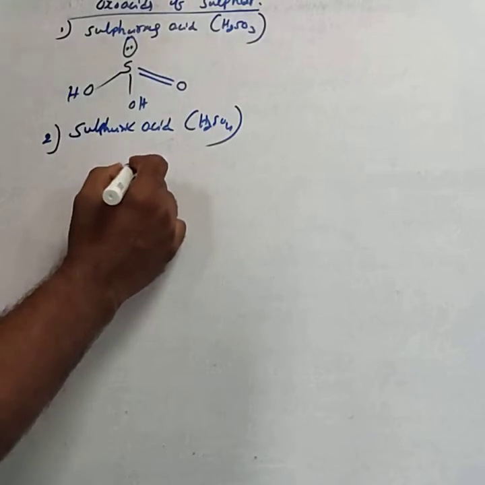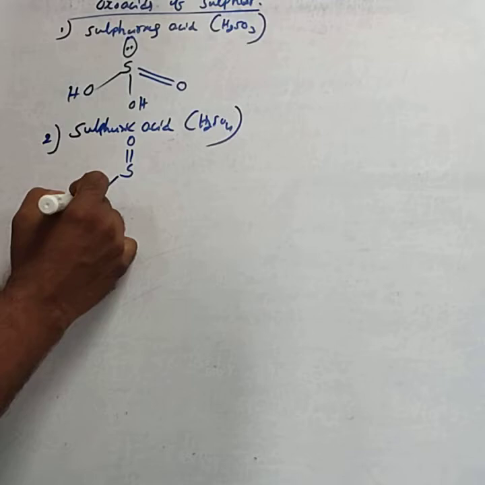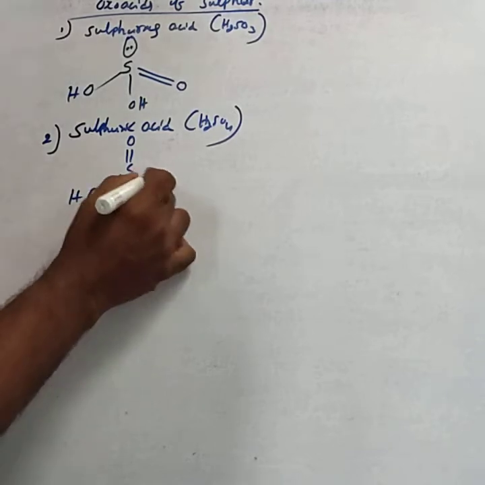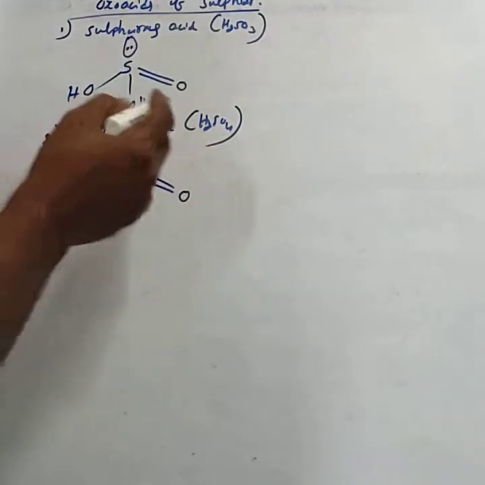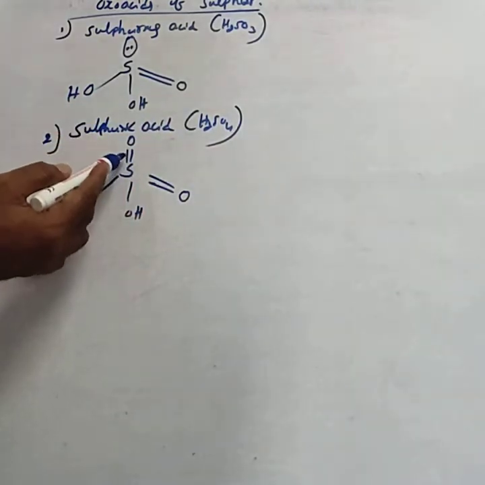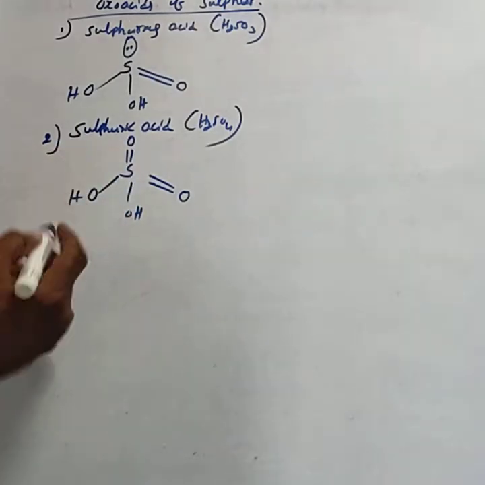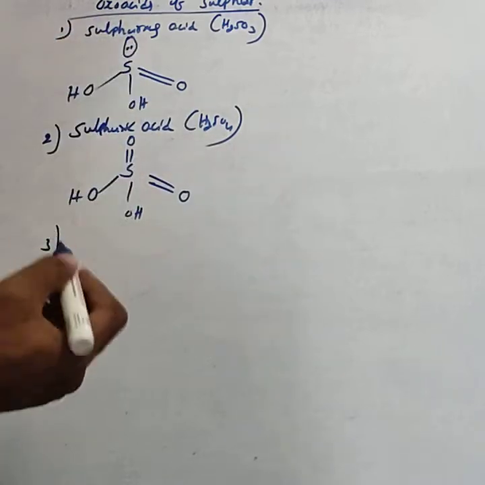You have to consider the tetrahedral structure. S, double bond O, OH, double bond O. That is the covalency of sulfur in these oxo acids. In sulfuric acid, covalency is 6. It can form 6 bonds. In sulfurous acid, covalency is 4.